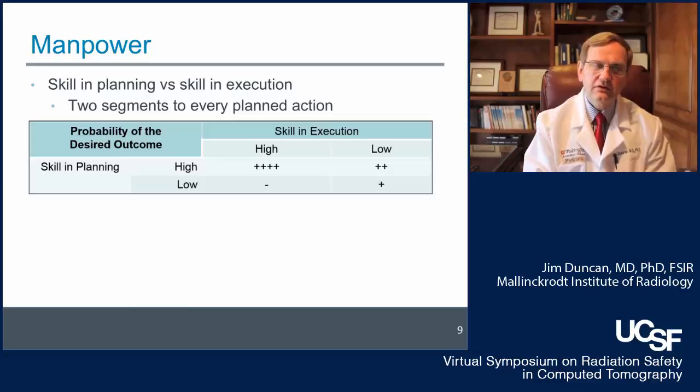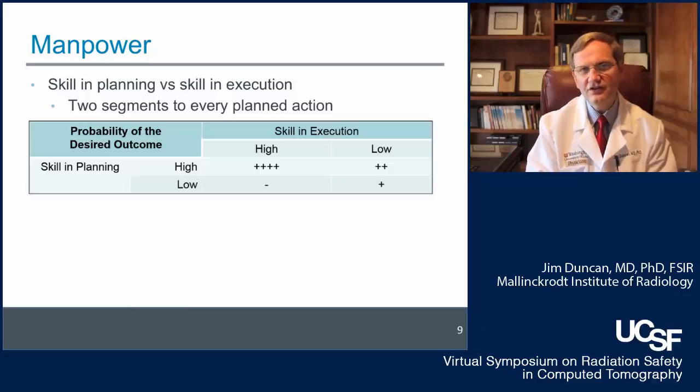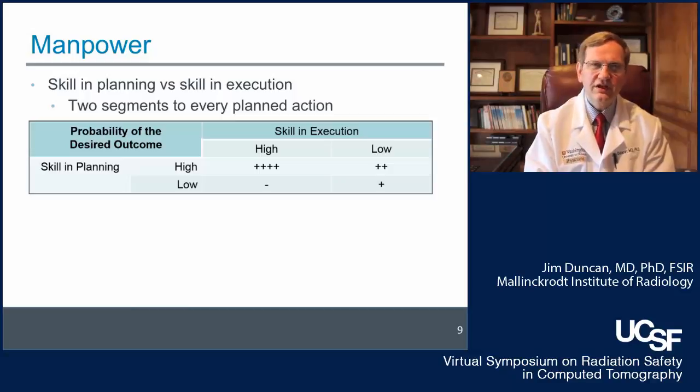And James Reason studied this and said, well, human error can be attributable to problems with planning and problems with execution. And so clearly high skill in planning, high skill in execution gives us the highest probability of the desired result. Low skill in execution coupled with high skill in planning actually still works, because skilled plans anticipate that there will be problems with execution.